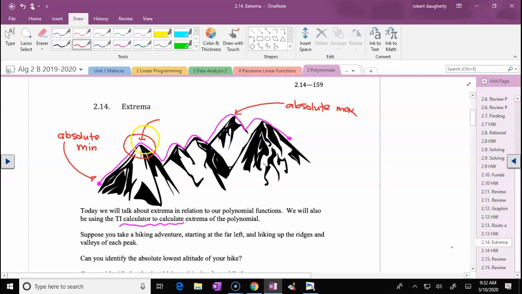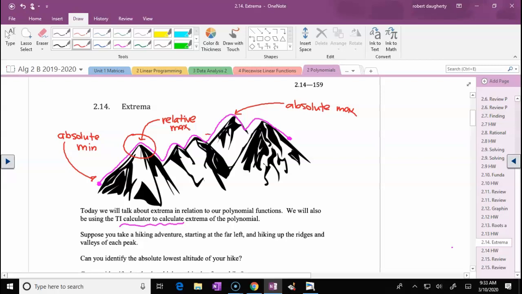So that's not an absolute max because it's not the highest point of my journey, but what we call that is a relative max. It's a relative max because I can draw a circle, and within that circle, it's the highest spot of the circle, okay? Same thing happens right here.